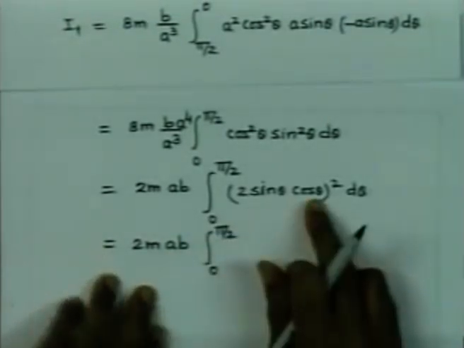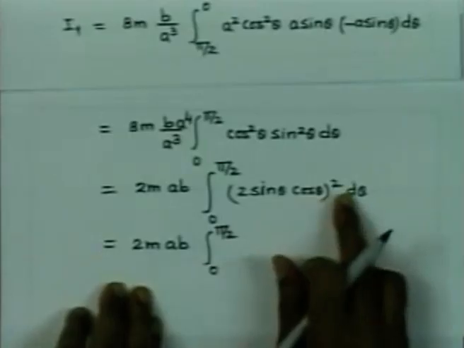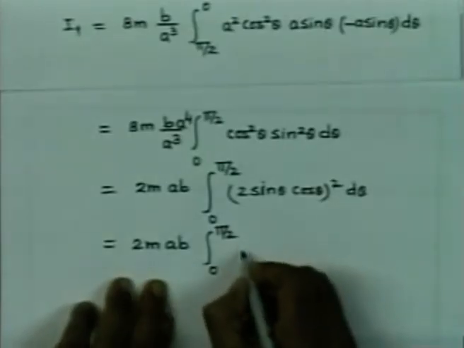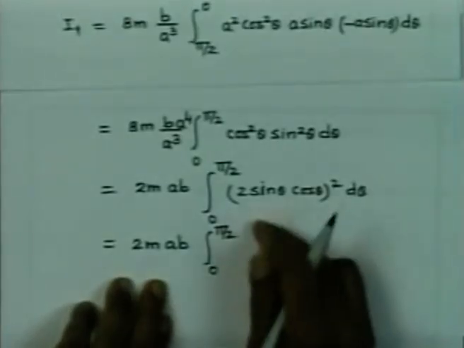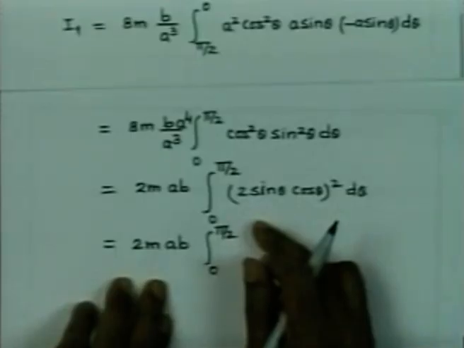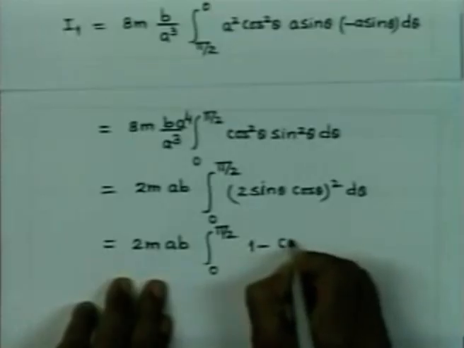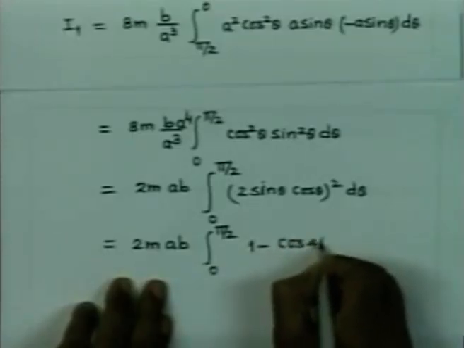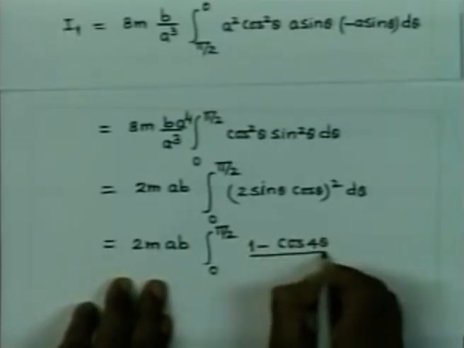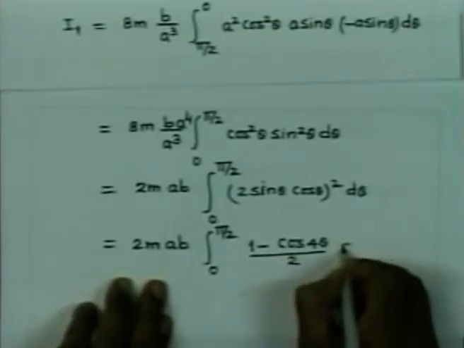This is nothing but sin 2 theta square. So, sin square 2 theta can be written as 1 minus cos 4 theta by 2. So, we can write this thing as 1 minus cos 4 theta by 2 d theta.